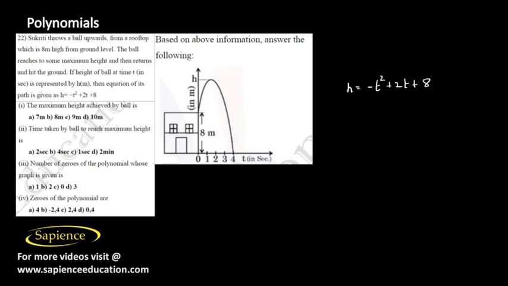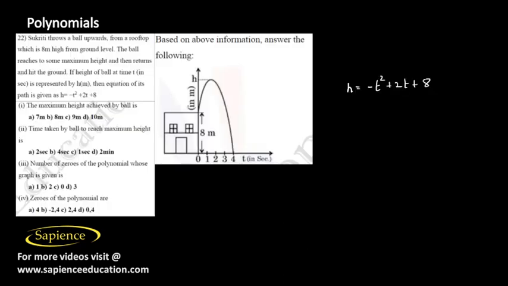So the first question is, find the maximum height achieved by the ball. The height achieved by the ball is given by the equation minus t square plus 2t plus 8, where t is the time.